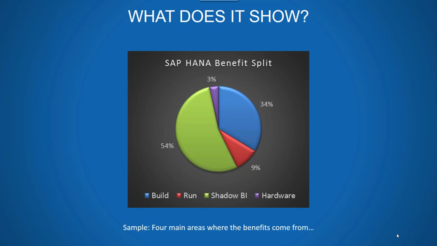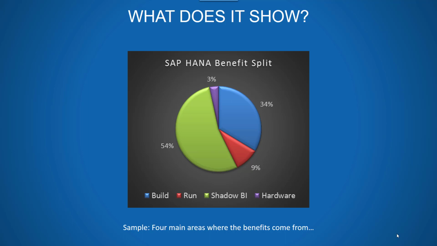So we find that a lot of customers are expending a huge amount of their budgets extracting data out of ERP and pushing it to satellite systems and then running third-party tools on top of them in order to get information out of them. And it's our belief that the introduction of HANA into a landscape like that would allow customers to radically reduce that kind of side IT expenditure process.